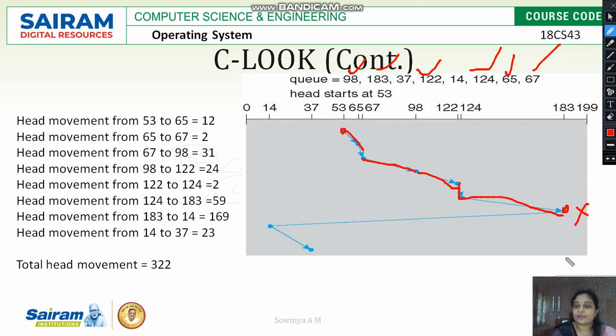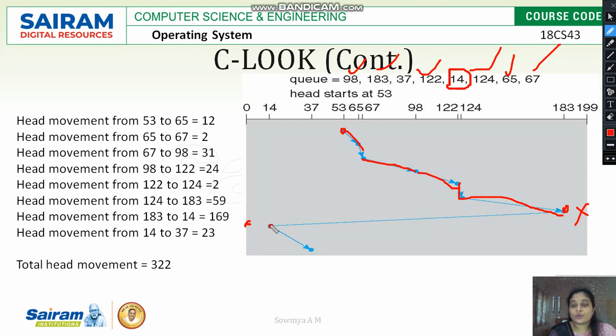So the disk will take a diversion and move towards the lower end, and while moving it will not reach 0. It will compare with the queue and find the smallest value towards 0. According to this queue, the smallest value is 14. So the disk stops at location 14.